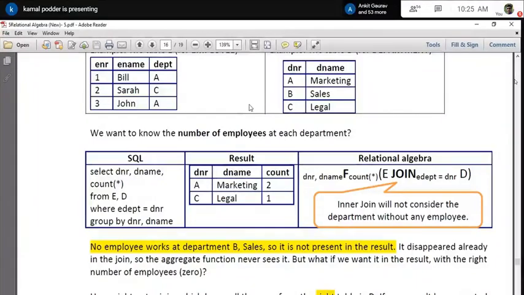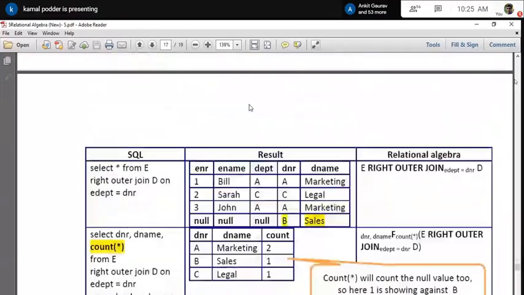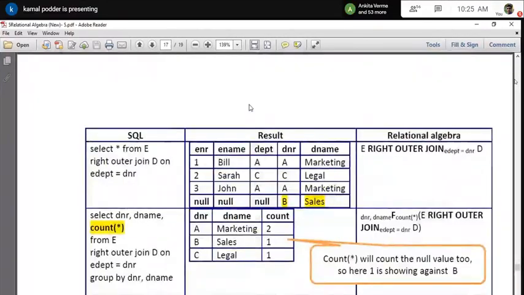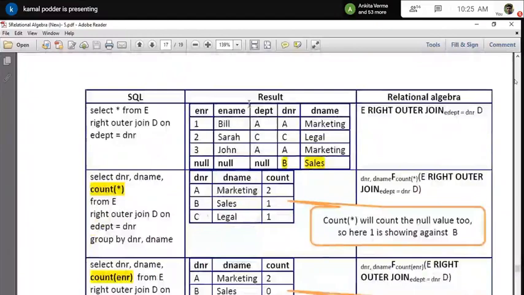So in this type of case, basically you have to use the outer join. Okay, so in that case, if you just write select star from E right outer join D on this, then what will happen, if you just see, it will pick up all the department records from the department table.